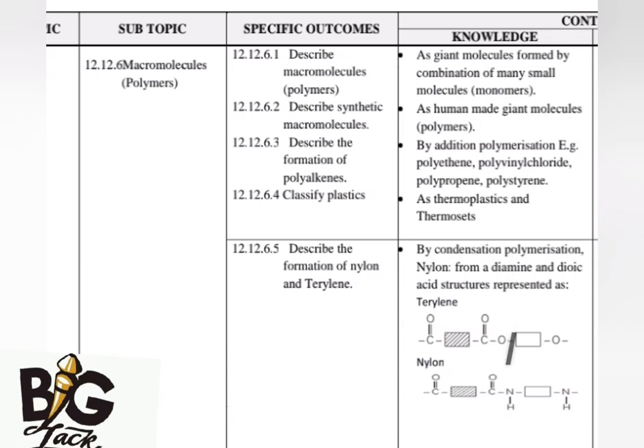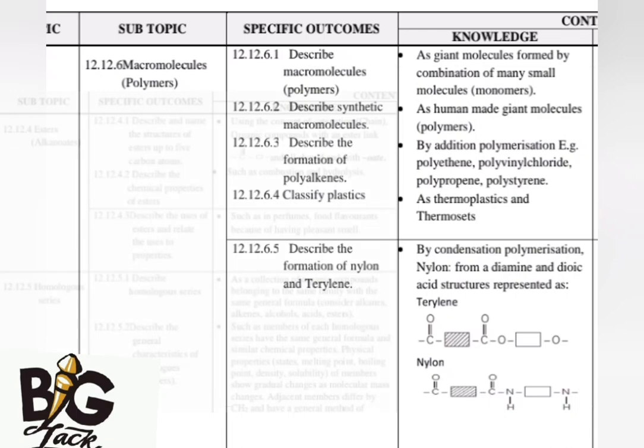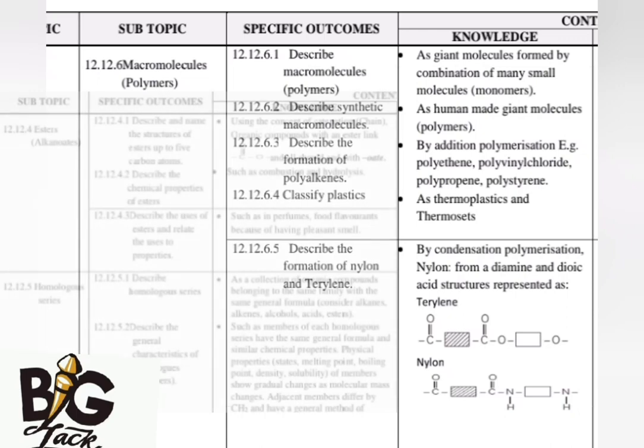Let me repeat: N for nitrogen, C for carbon, then a double bond, and oxygen. That is the amide linkage. One thing you need to remember is that since nylon has an amide linkage, proteins have the same linkage as nylon.